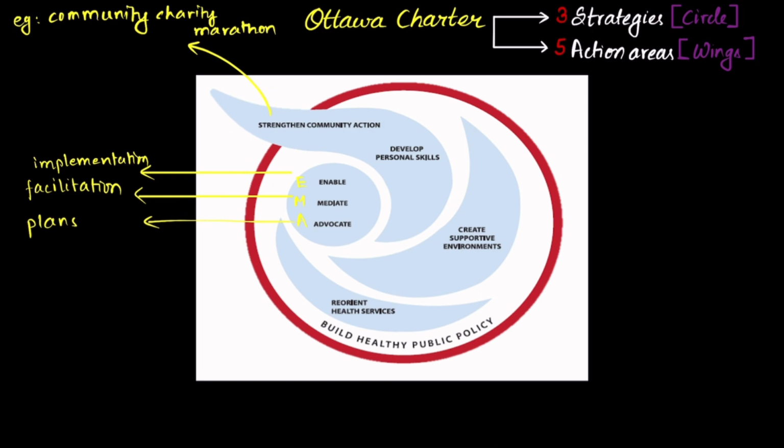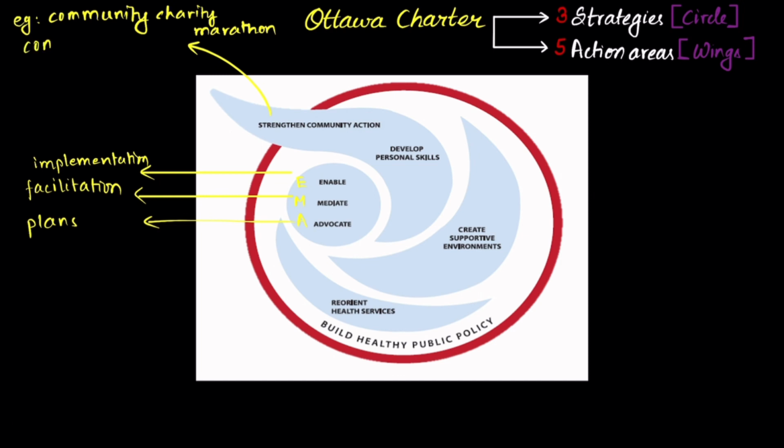What is happening? Number one, the people taking part in the marathon by running are promoting their own health. And number two, the money collected from the marathon is being used for a good cause. So, this is what we call strengthening community action. The community itself is taking actions on their own in order to promote the health of the community itself.